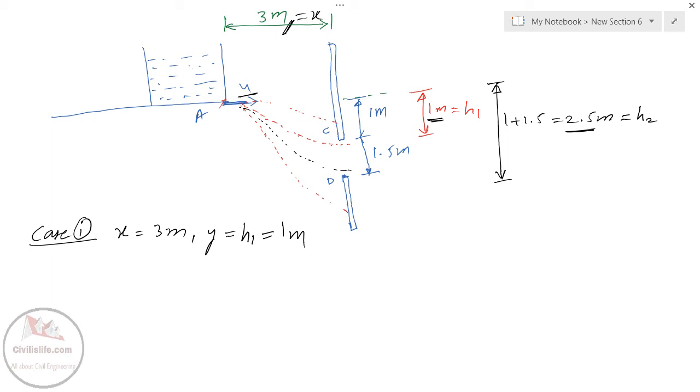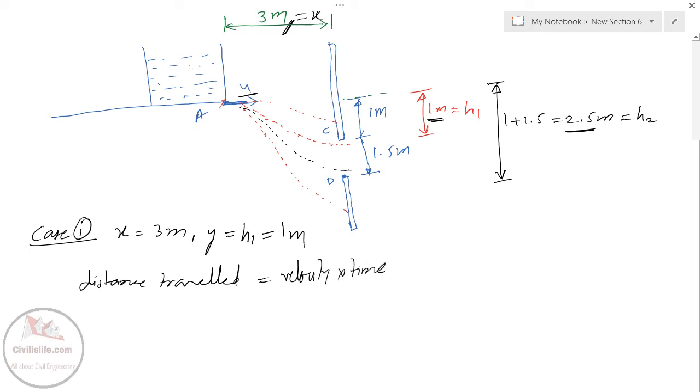Now we have the equation: distance traveled is equal to velocity multiplied by time. Here this velocity is the initial velocity. The distance traveled is x, which is 3 meter, and the velocity they have denoted as u, so we shall also denote it with u.